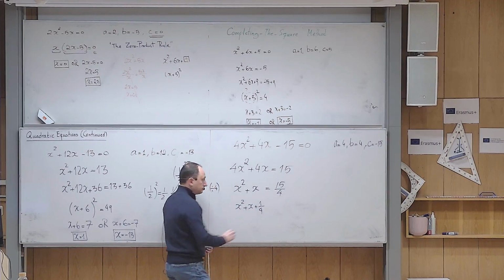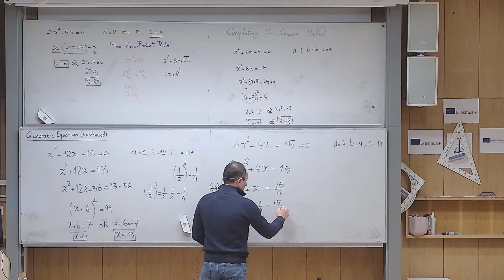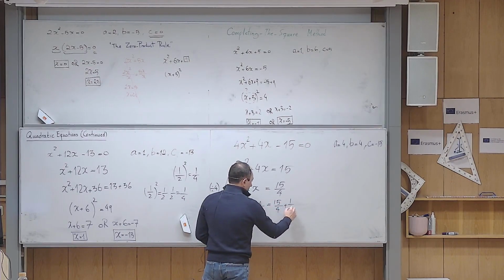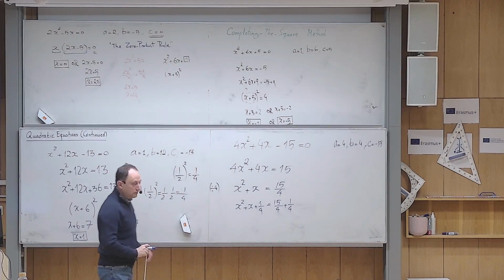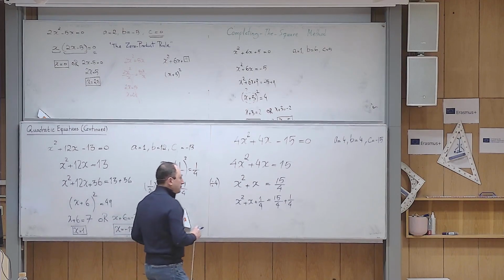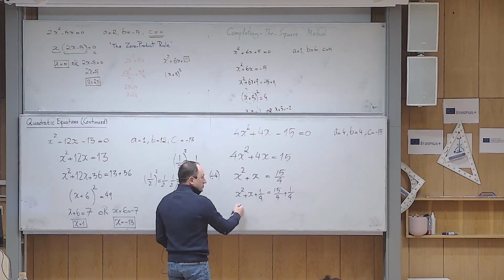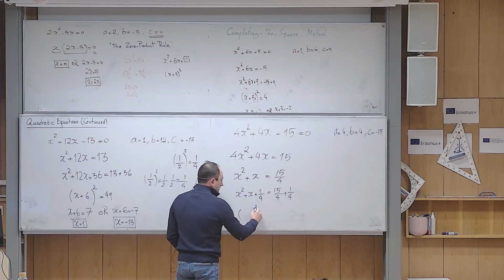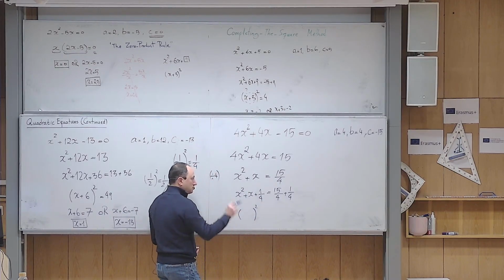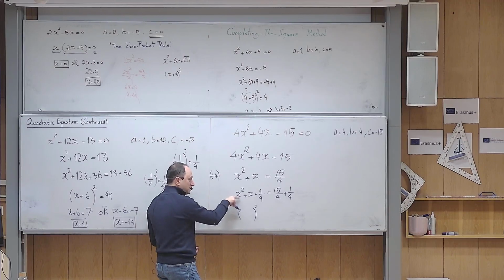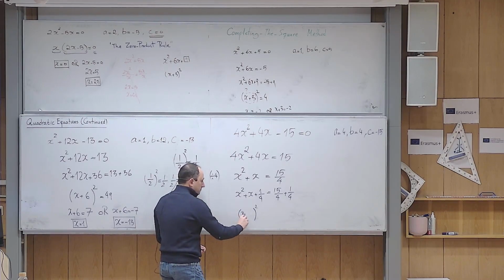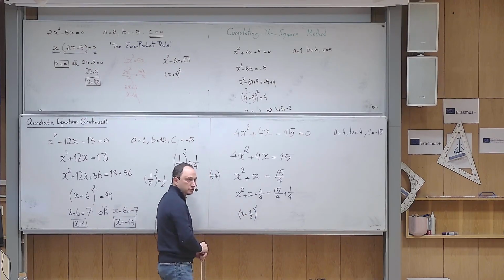Yes? That's it. But now can you tell me, is this the answer to a squaring rule? If you haven't made wrong calculations, make sure this is the squaring rule. What is that? x plus 1/2 to the power of 2. Why?